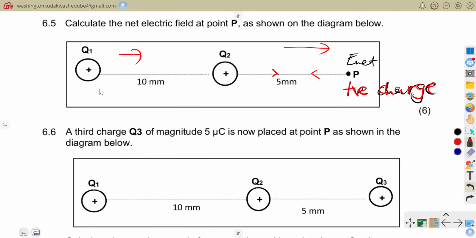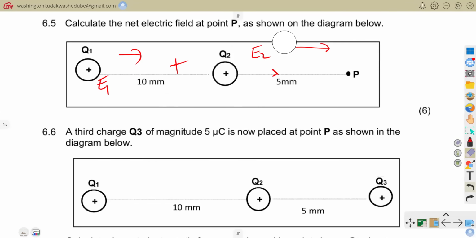So the electric field due to Q1 would be E1, and due to Q2 would be E2. And then I'm going to sum these two. They'll give me my E net. I'm saying this charge would have an effect of repelling this point charge, and this charge would have an effect of repelling this point charge.